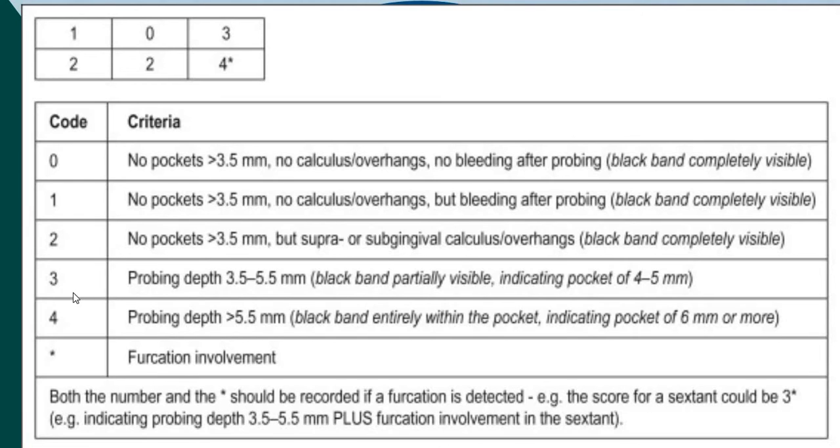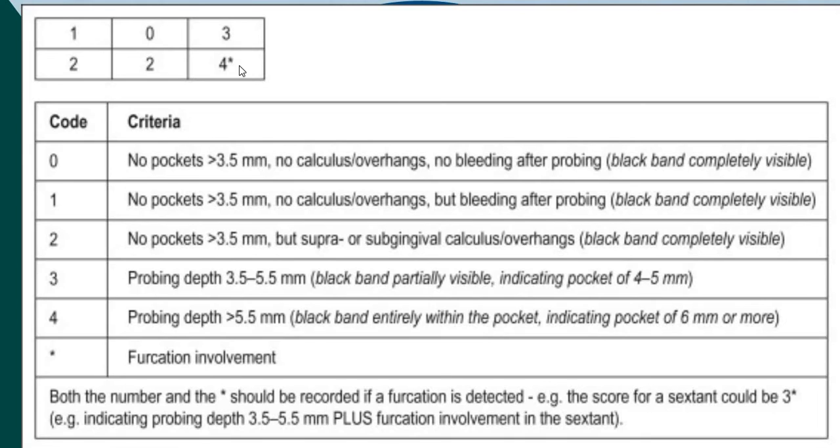And when you have just score 4 in any sextant, you should examine the whole dentition entirely. One of the important notes here is that you just record the maximum score. The maximum score should be recorded because this is what the system depends on.